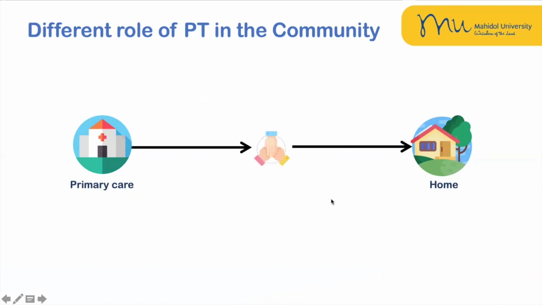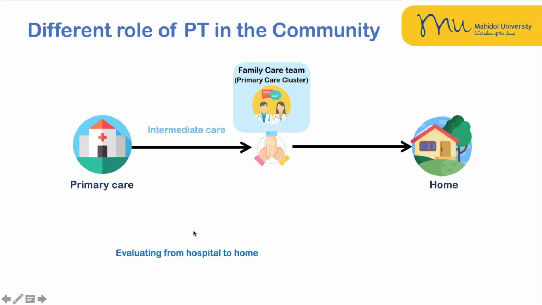PT need to work with family care team, which including family medicine, nurse, dentist, occupational therapist, pharmacist, and more, to work in the intermediate care for evaluating and getting prepared the patient from hospital to home, such as the treatment, training, assistive device, which fit with their home.